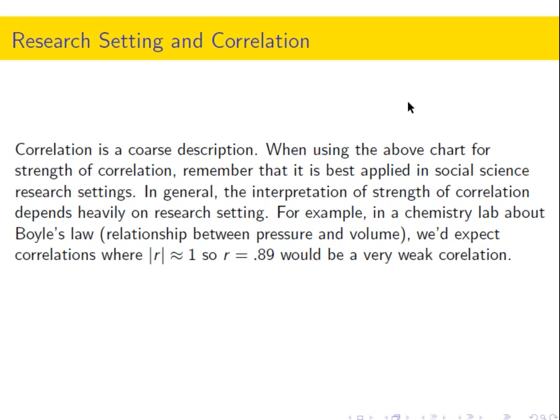If you got something like a 0.9, which in the social sciences would be incredible, almost too amazing to believe, well, if you got something like a 0.9 in your Boyle's Law lab, you'd probably flunk because it's simply not strong enough correlation. You must have had some kind of measurement error. So be careful with always thinking a certain number correlation is strong or moderate or weak.